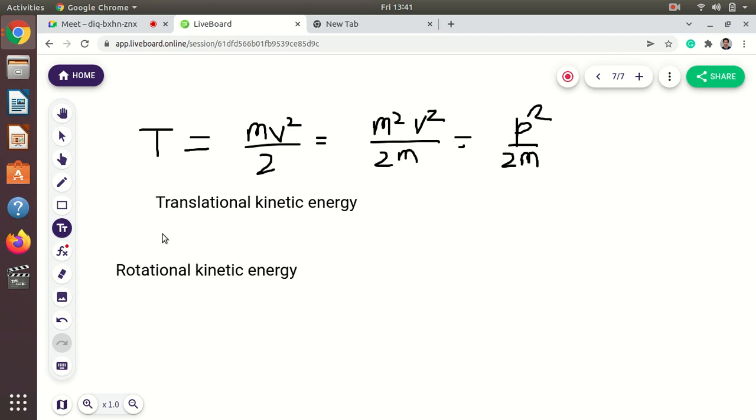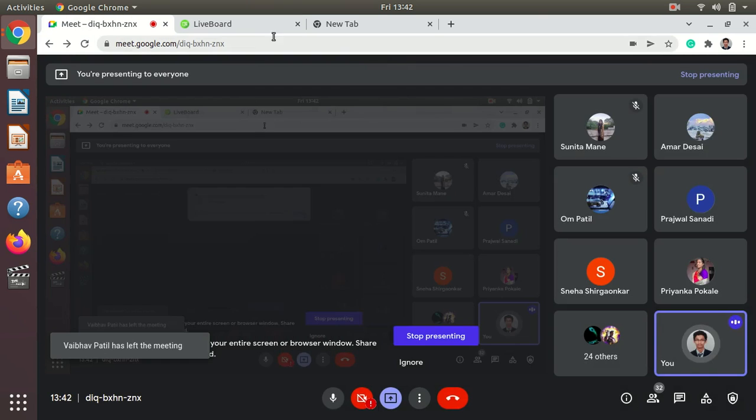This is kinetic energy if the particle or the system of particles is moving in one direction. But if the particle or the system of particles is rotating, then it will have rotational kinetic energy. I will write T R for rotational kinetic energy.